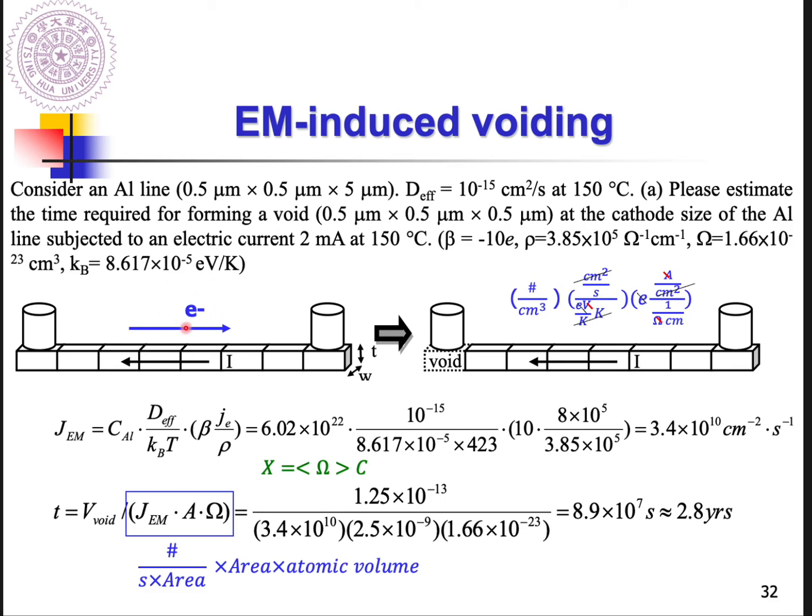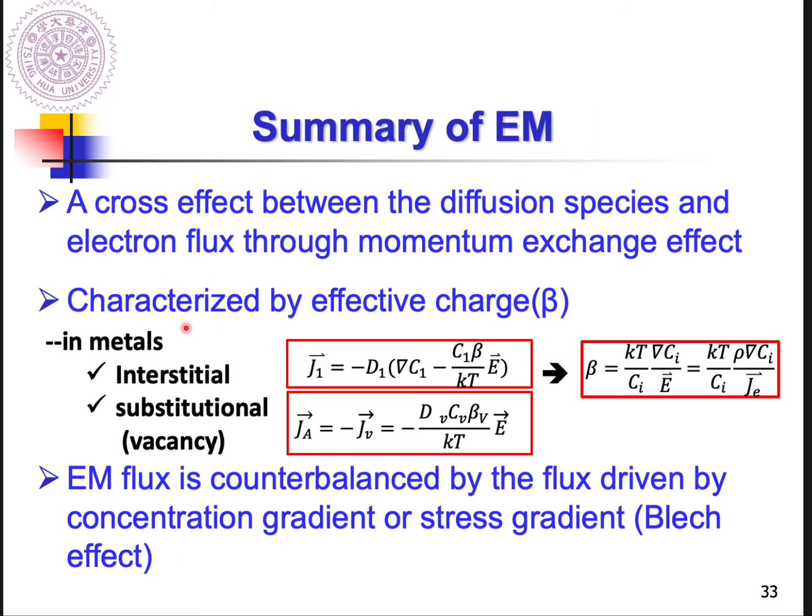by the electron flow. Okay, so let me give you a quick summary of electron migration. Electron migration, we talk about, is a cross effect between the diffusing species and the electron flux, through the momentum exchange effect. And there is a very important parameter, beta.